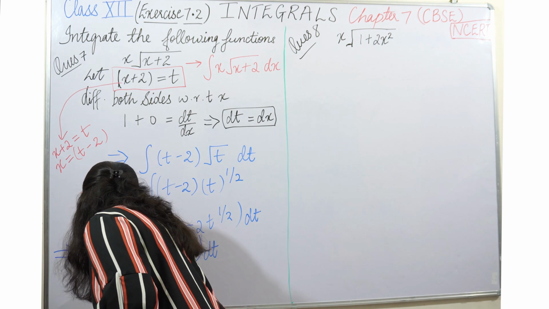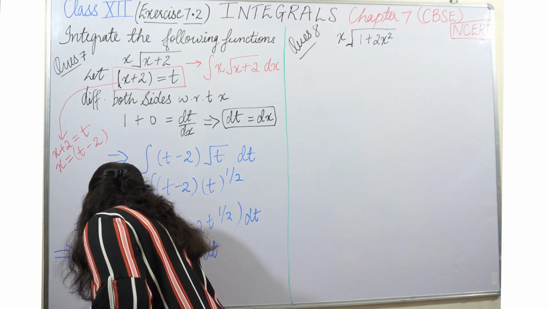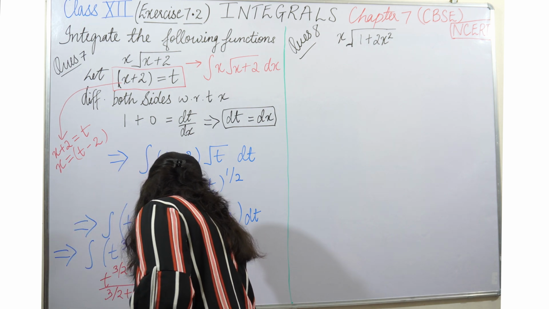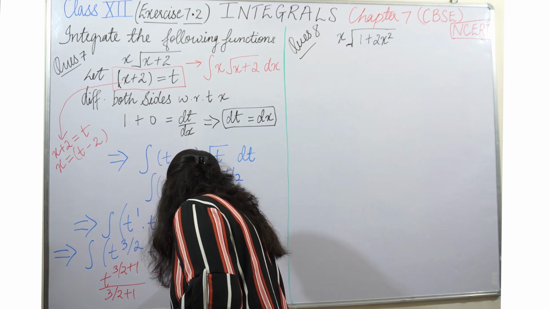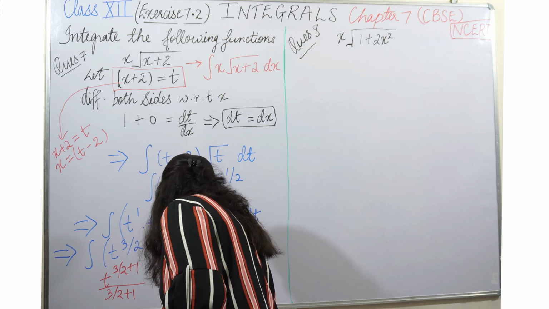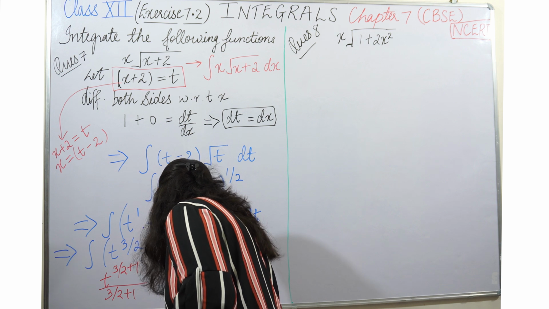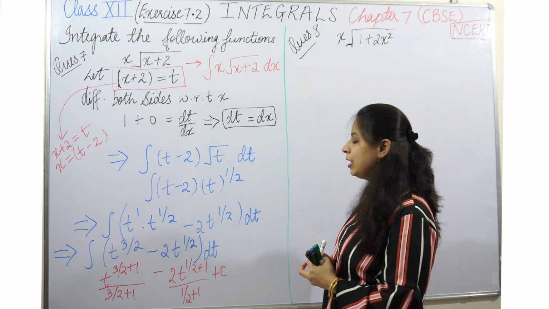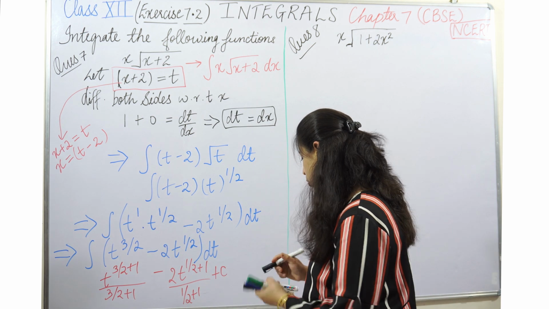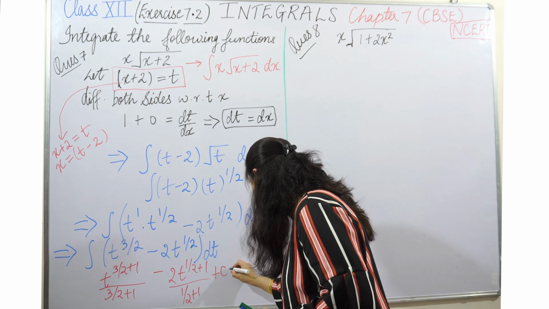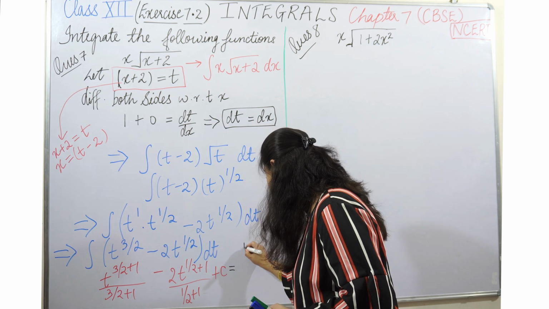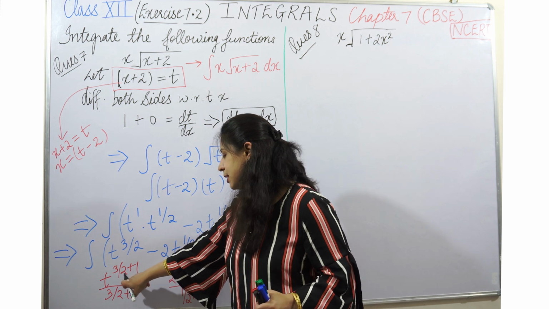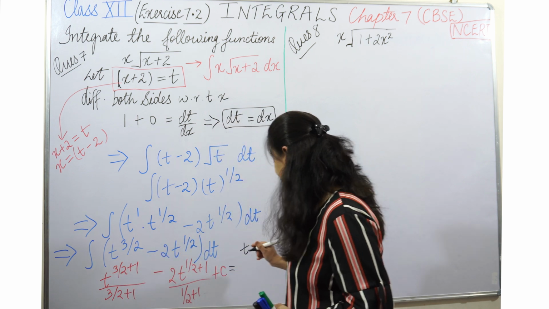So it will become t to the power 3 by 2 plus 1 upon 3 by 2 plus 1, minus twice of t to the power 1 by 2 plus 1 upon 1 by 2 plus 1, and an integration constant will come. When we solve it, taking the LCM of 2, we get 3 plus 2, 5 by 2.